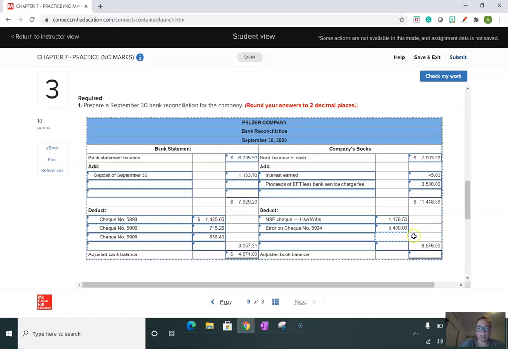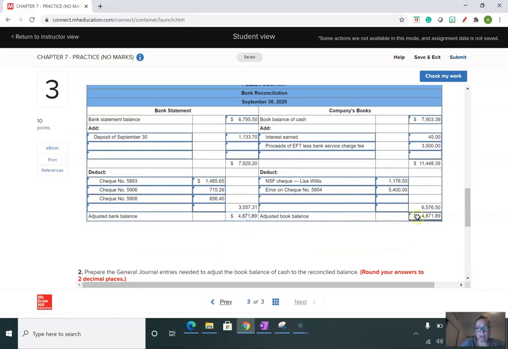So now if I take my deductions, add them together, and then subtract them from my cash balance and then add my additions to cash, we end up with 4871.89. So now that both sides match, I'm perfectly balanced.